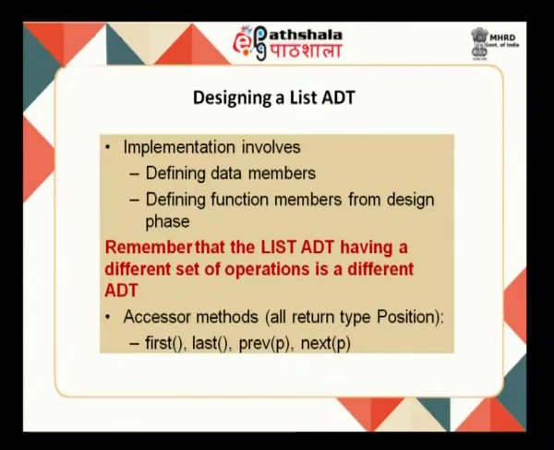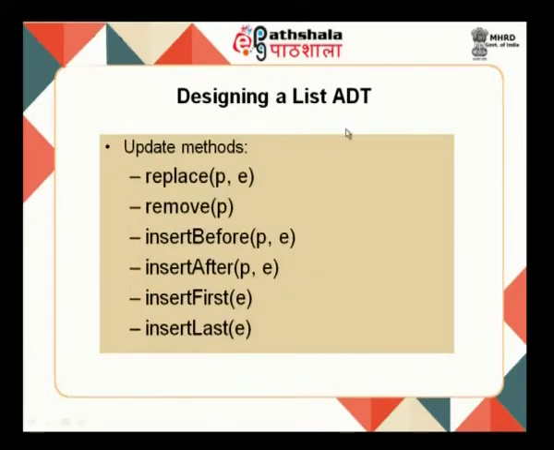So, what are the accessor methods, getting access to it? All will return type position. First, find the first element, it will return that; last element, previous, next. So, this all will return type position. Then, designing a list ADT, the update methods: replace the element at position P with the element E. It is how you define it.